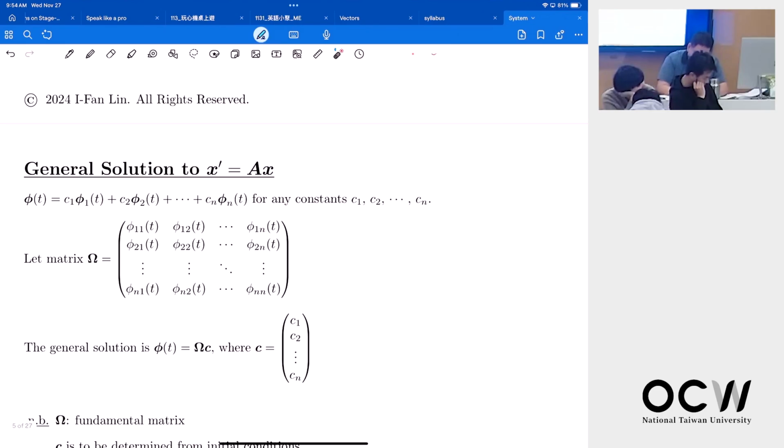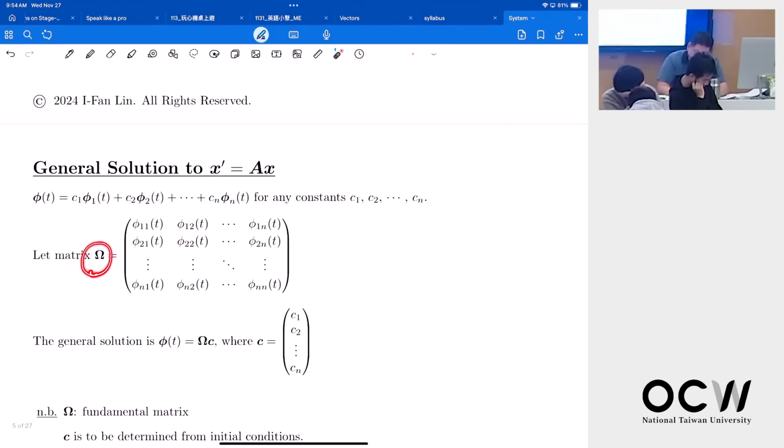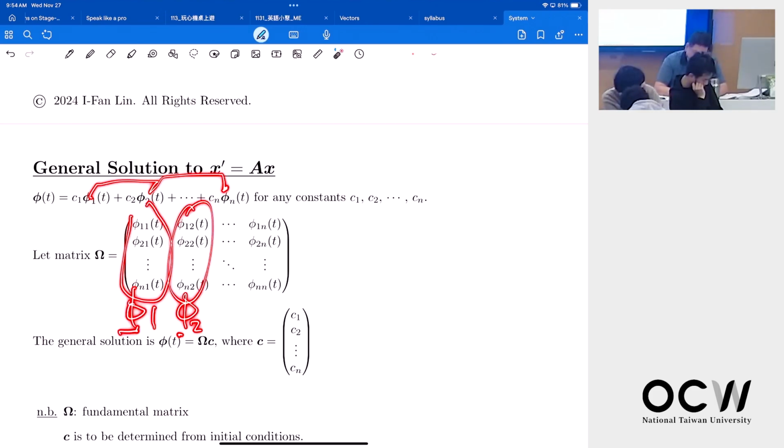I can have a matrix omega formed by the fundamental solutions phi 1(t), phi 2(t) to phi n(t).